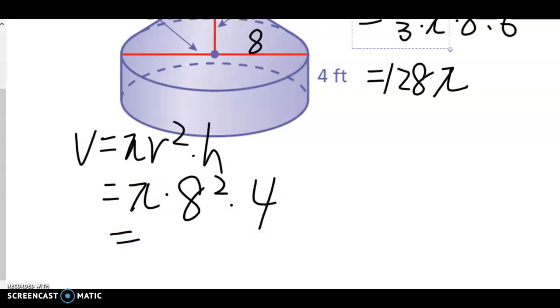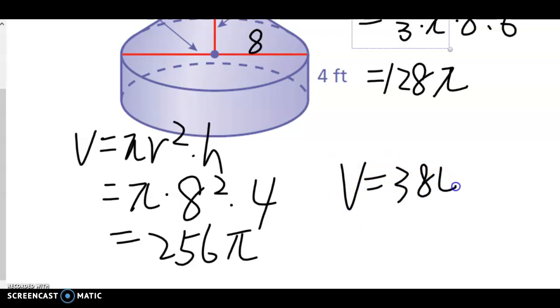That is 8 squared times 4, equal to 256 pi. And you add them up, the answer will be 384 pi feet cubed. That will be the answer. Okay, so that's all for today, and enjoy the video.